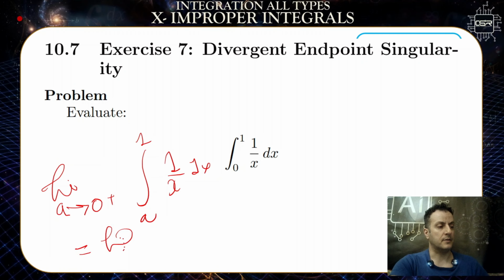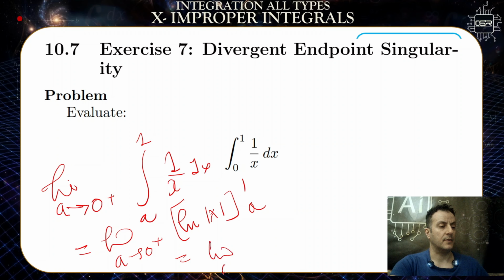So equal to the limit as a approaches 0 plus of ln x between 1 and a, equal to the limit as a approaches 0 plus of ln 1 minus ln a.